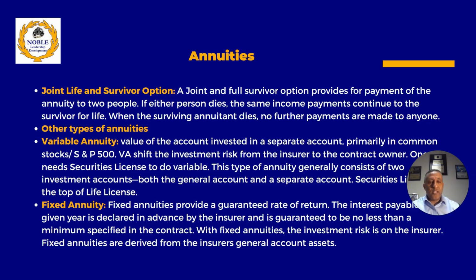In a fixed annuity, the investment risk is borne by the insurance company. So no matter what, even if the market performs poorly, they're going to give you the interest rate stated in the policy. Fixed annuities are derived from the insurer's general account assets. So if you don't see any separate account, it's not variable. Fixed annuity means a fixed rate of return.